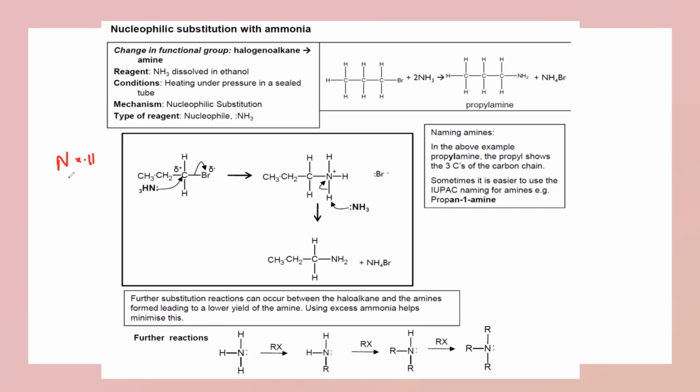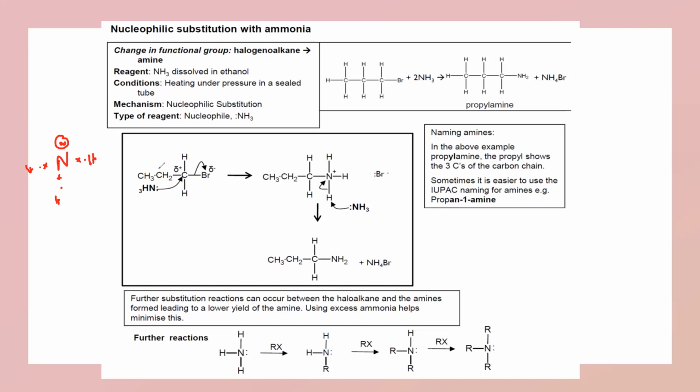Nitrogen is forming 3 bonds with hydrogen, and there is a lone pair on nitrogen. This lone pair is attracted towards the electron deficient side, the partial positive carbon. When this lone pair is attracted towards the carbon, the bromine will try to break the bond.